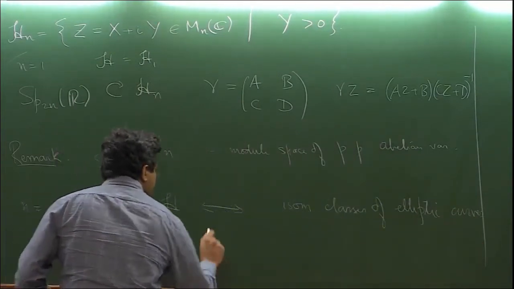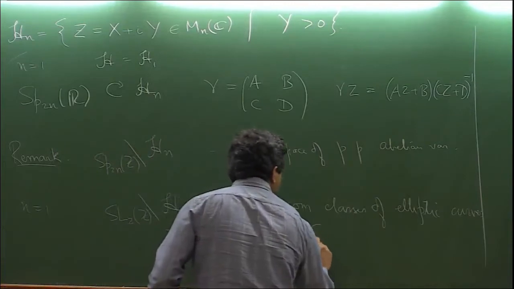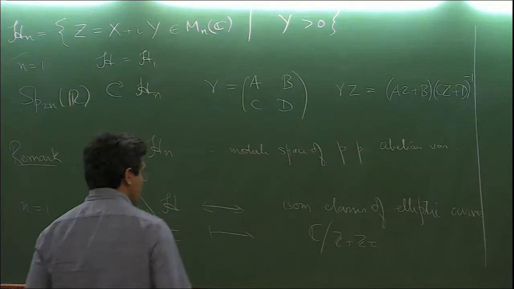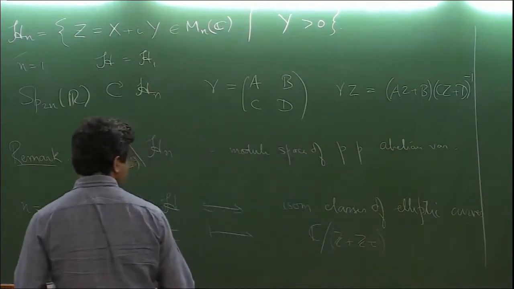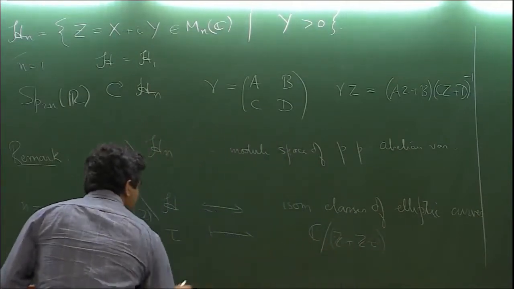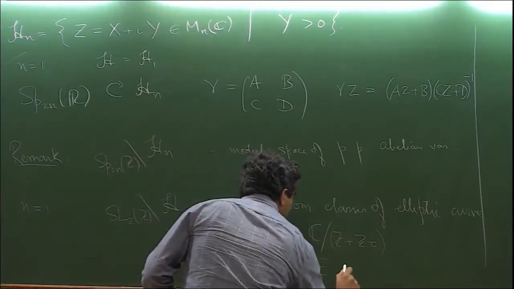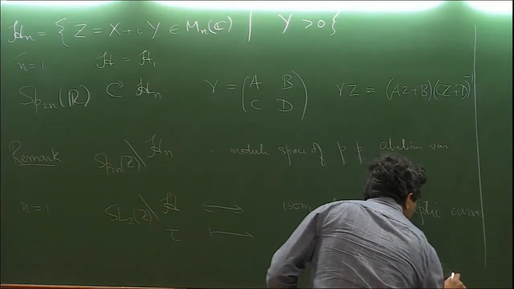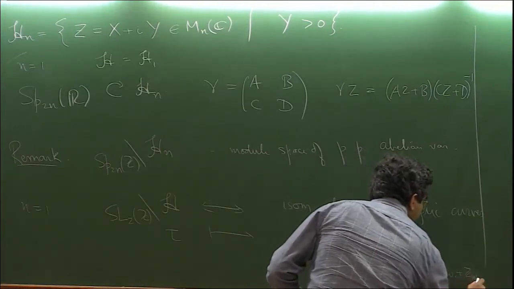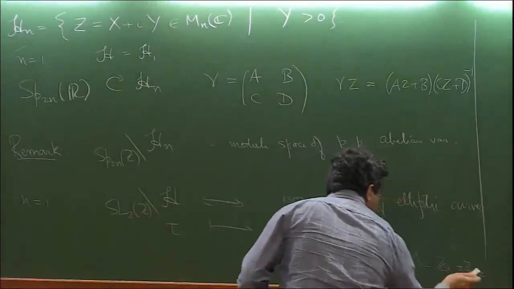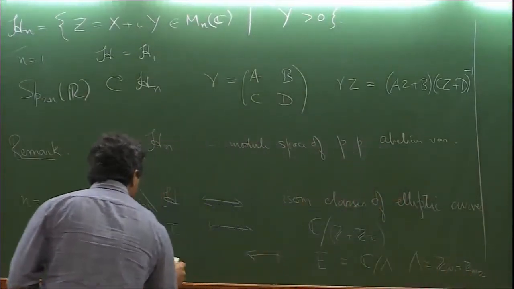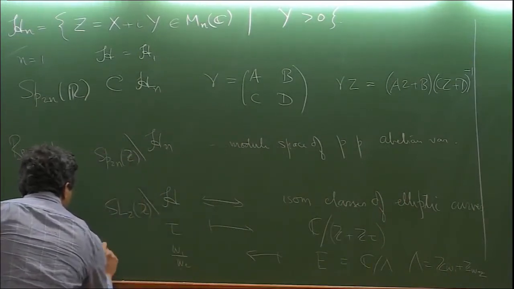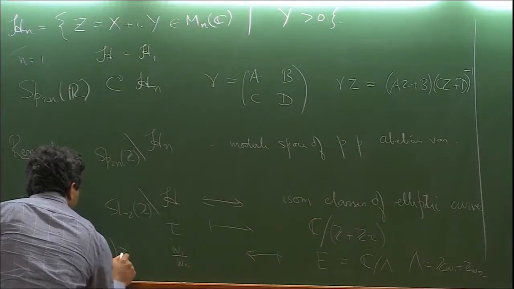And how does this go? So tau in this direction goes to C mod Z plus Z tau. So this is an elliptic curve, can be made into an elliptic curve. So I take this lattice and then mod out by this. Conversely, if I have an elliptic curve, this is given like this, where this is Z w1 plus Z w2, chosen in a particular way so that the imaginary part of w1 over w2 is greater than 0.